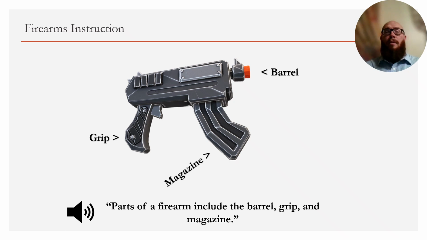One example of this idea of content and objectives driving delivery comes from the field of public safety, and it would be firearms instruction. So, if the goal of the instruction is for learners to know the parts of a firearm, instruction could include narration, keywords and terms displayed on screen, as you see in the visual here, and perhaps images and interactive animations depicting parts of a firearm or handgun.